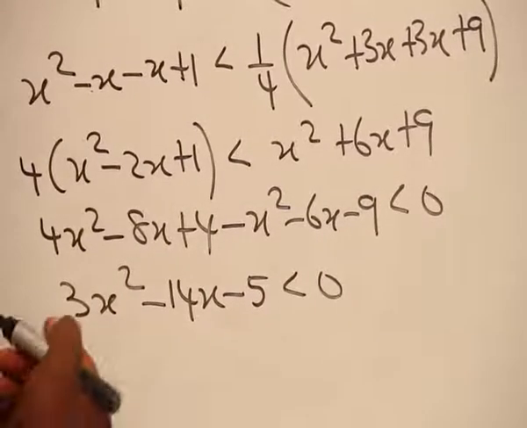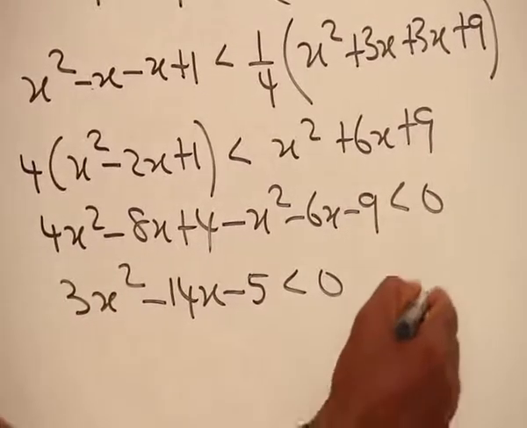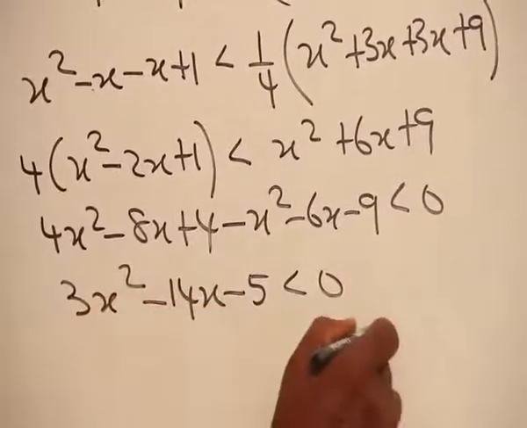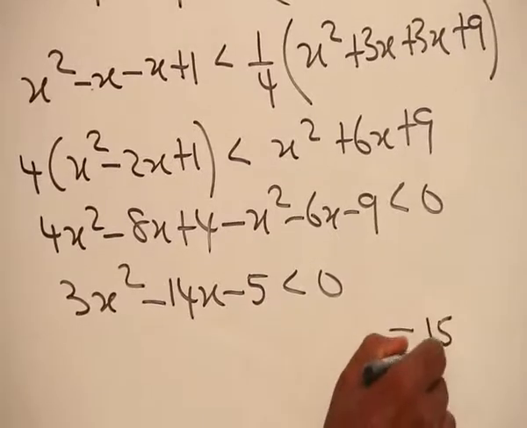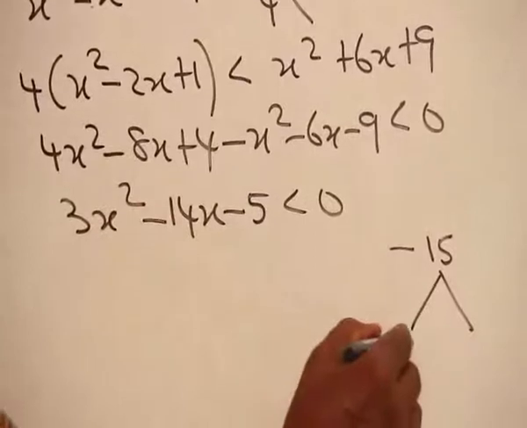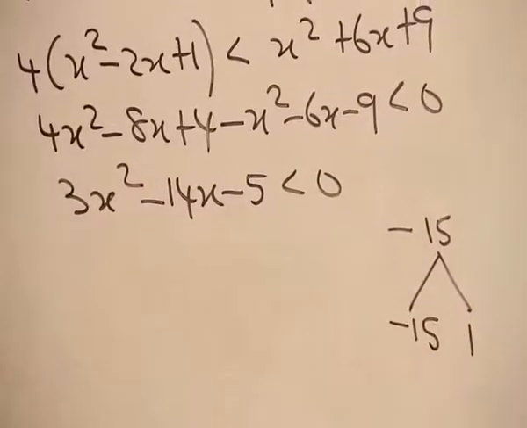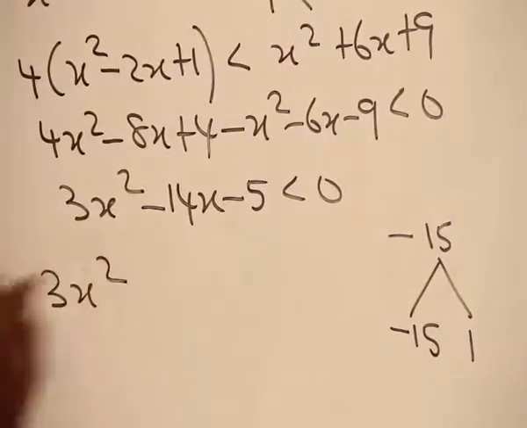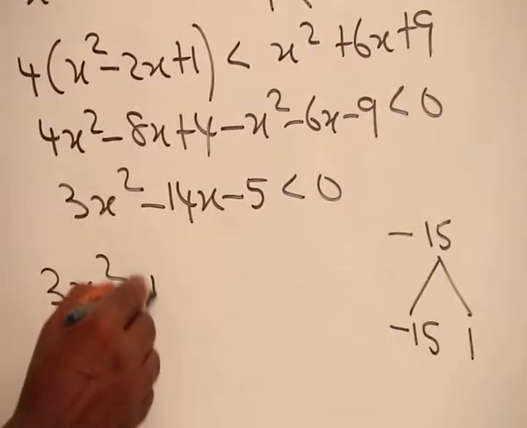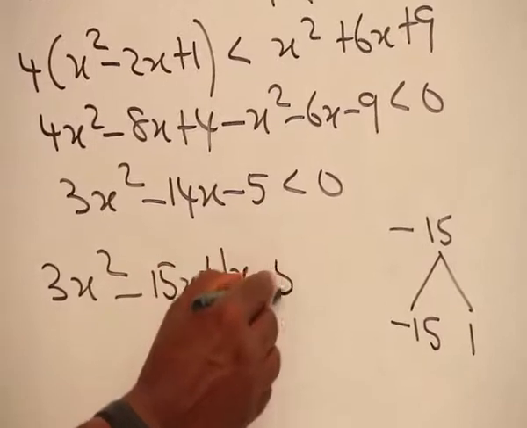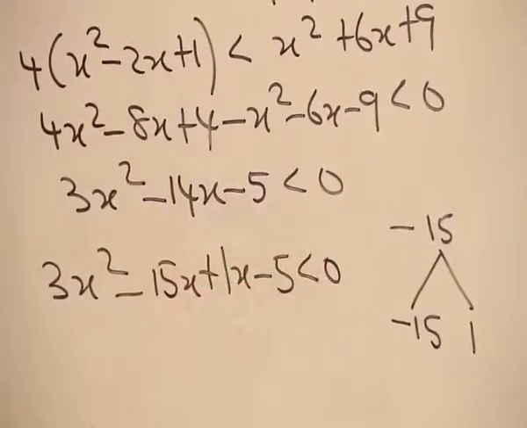In this regard, we are going to factorize this. Remember the factorization process. We have in this place 3 times minus 5, minus 15. Then we find the two factors of minus 15 that will give us minus 14. This is minus 15 and 1. So factorizing this expression, we will have 3s squared minus 15s plus 1s minus 5 less than 0.